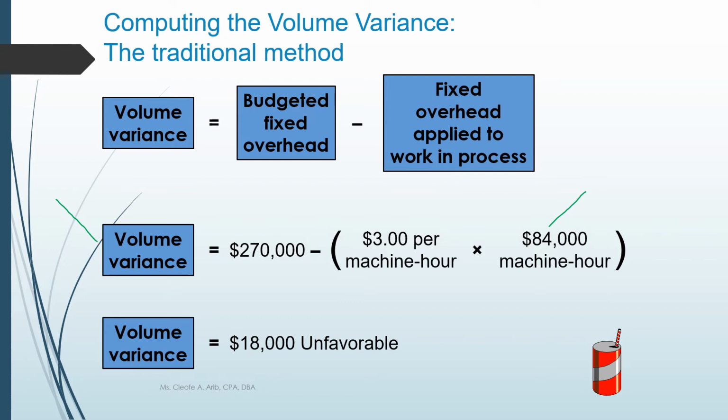So the fixed overhead applied is only 252, while your budgeted fixed overhead is 270. So budgeted is higher than your fixed overhead applied. That's why your variance is unfavorable. So that's how you compute for your volume variance.